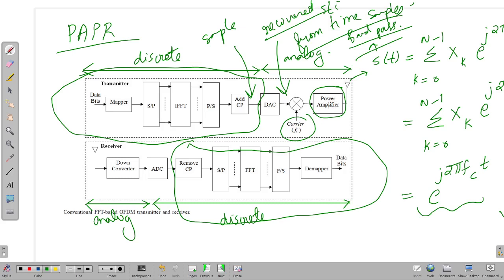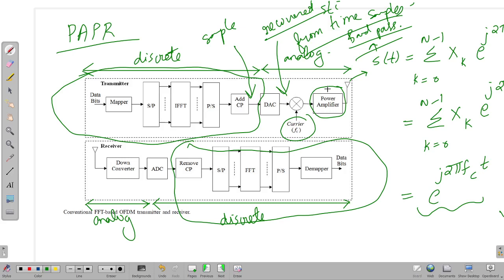It has a certain range of signal values for which it will operate linearly. If you exceed the input power to the power amplifier, then it will go into a saturation region, and if it goes into the saturation region, there can be distortions. There will be non-linear distortions, spectral spreading, and certain issues like that. We'll go into detail.